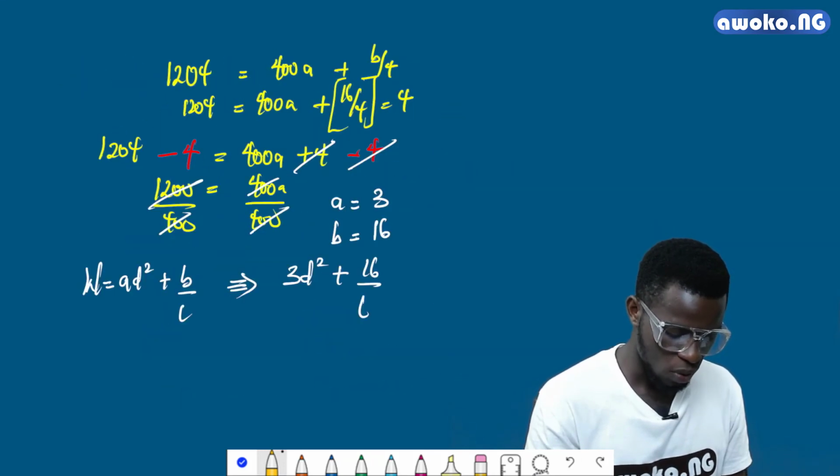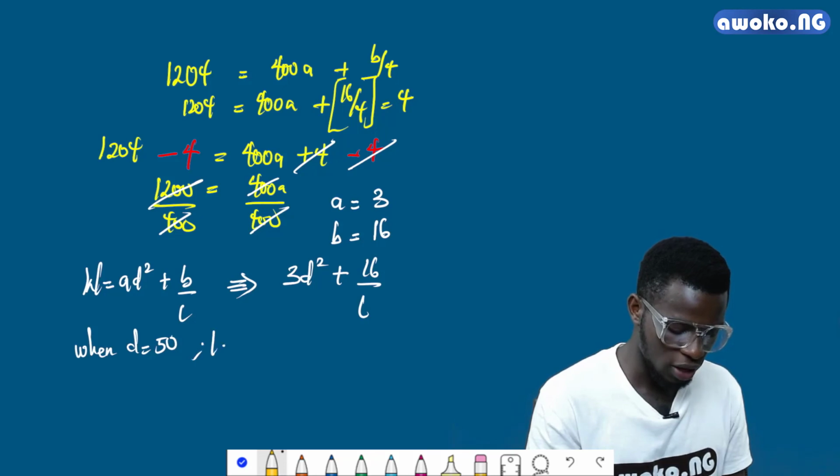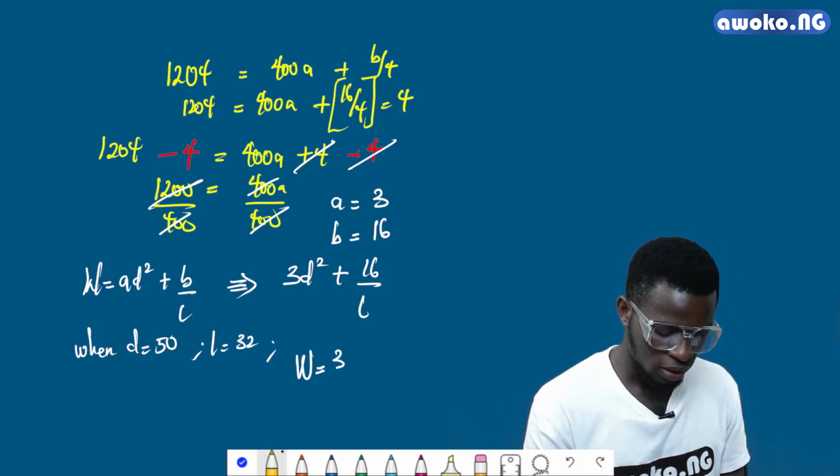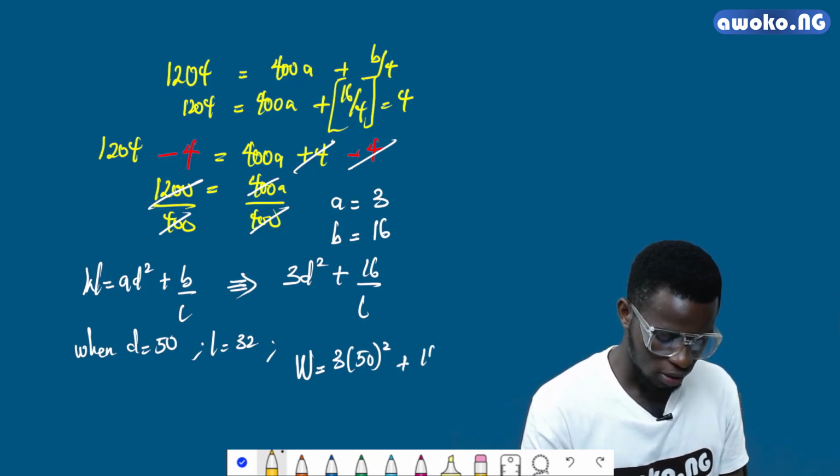So when D equals 50 and pressure level is 32, we have W equal to 3 times 50 squared, all right, plus 16 all over 32.